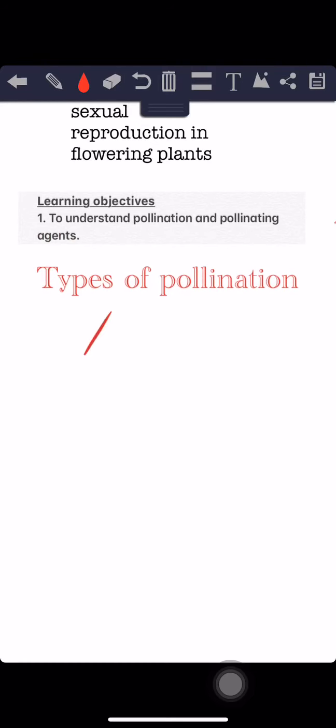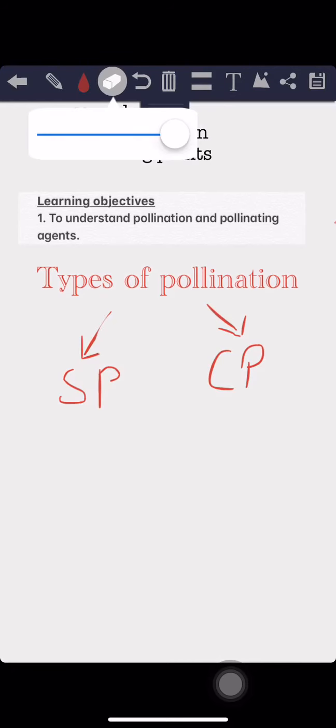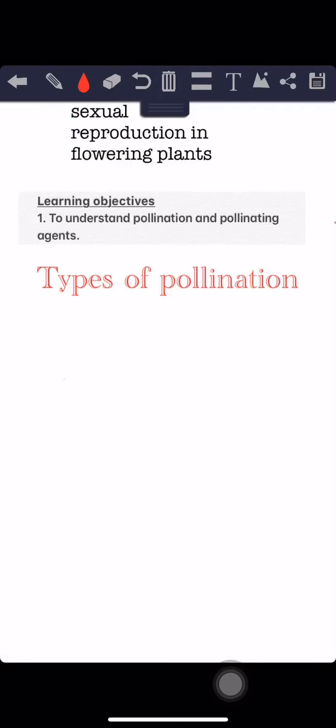Till now we already read about two kinds of pollination, that is self-pollination and cross-pollination. Till now in the smaller classes we had read about self-pollination and cross-pollination. But now we are going to read three different kinds of pollination.